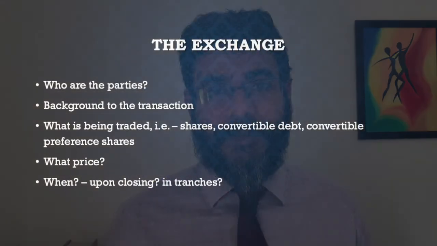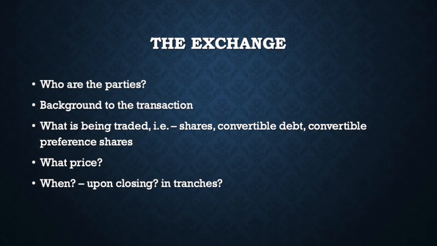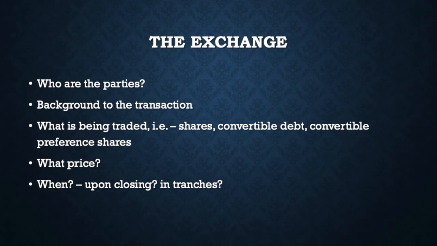Let's start by explaining what these elements mean. To begin with, the exchange. The exchange defines the very basic elements of the contract. Who are the parties? What is the background to the transaction? What asset is being traded? Is it a share? Is it a convertible debt?